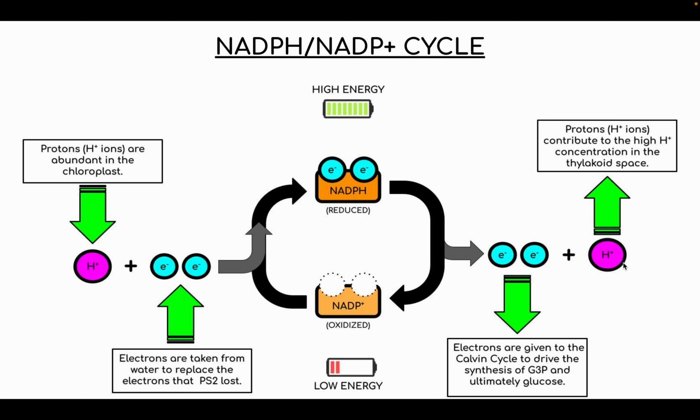So this proton is probably in the stroma, and it needs to get back to the thylakoid space, which it does through the proton pump of the electron transport chain between photosystem 2 and photosystem 1. Remember that these protons, these hydrogen ions, are abundant in the chloroplast. They're just floating around, and they're easy to stick back together.